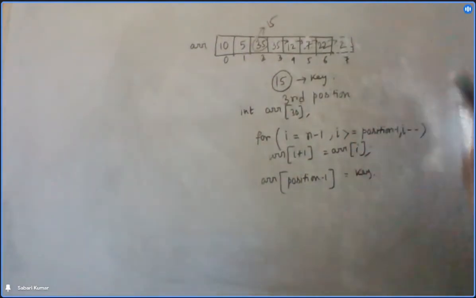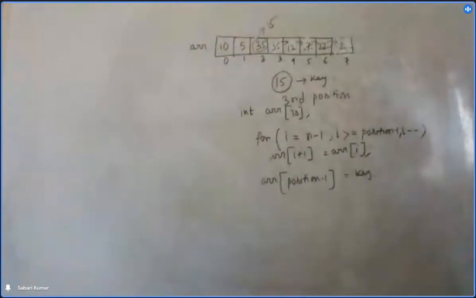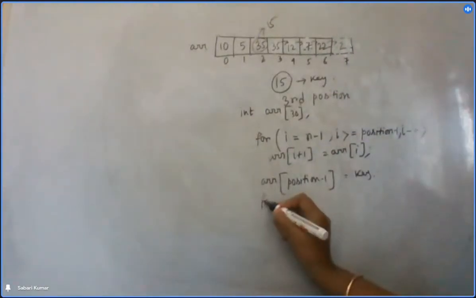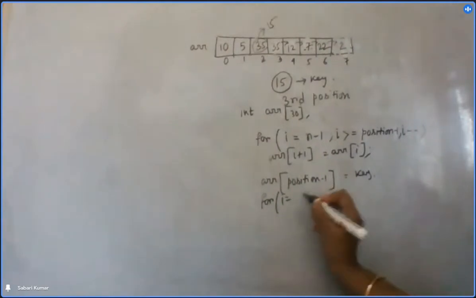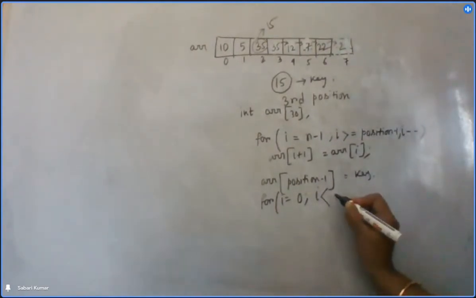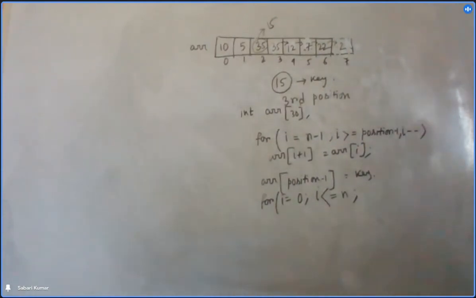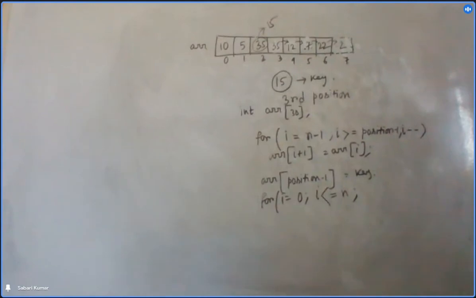Earlier n was 7. When I insert this and shift these elements, the size increases by one and becomes 8. So when you are going to print this array, you have to write the loop like for i equals 0, i less than n plus 1, you can write that, or i less than or equal to n. Earlier you wrote i less than n because it went up to n minus 1.